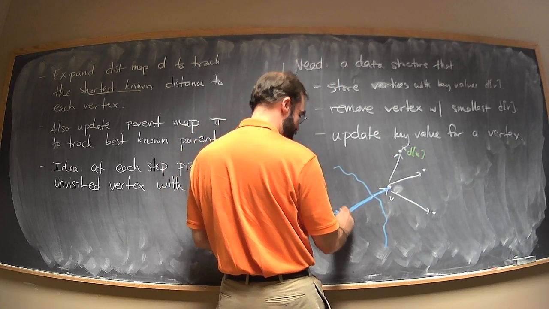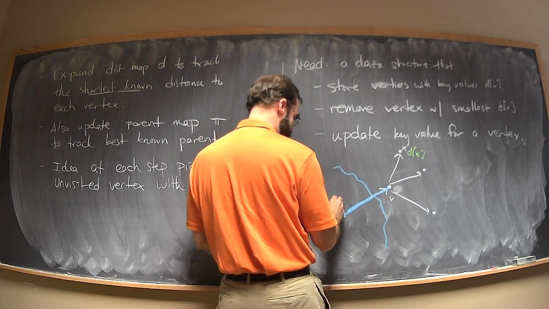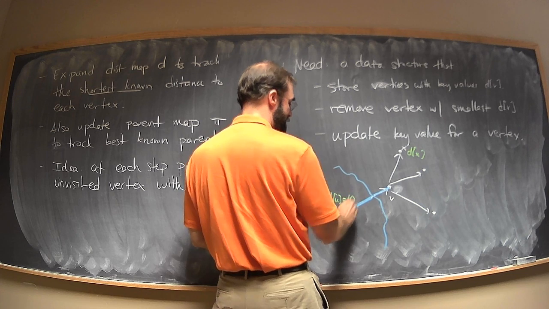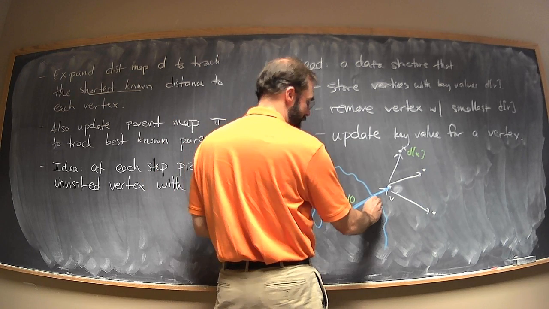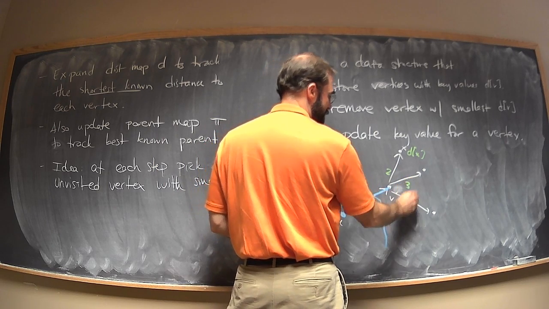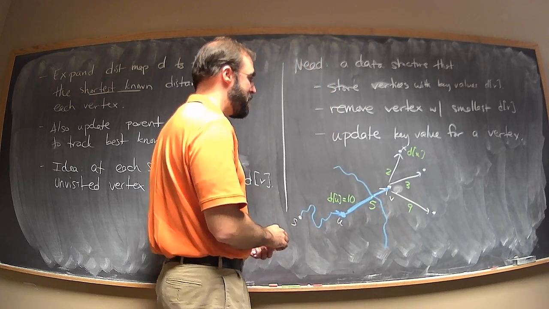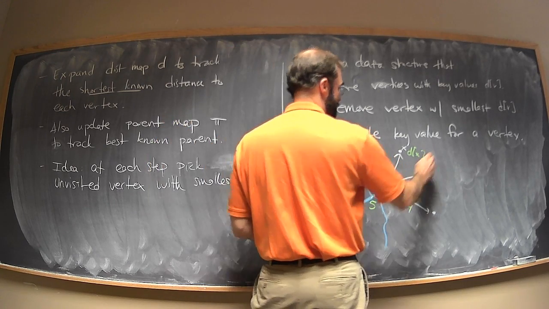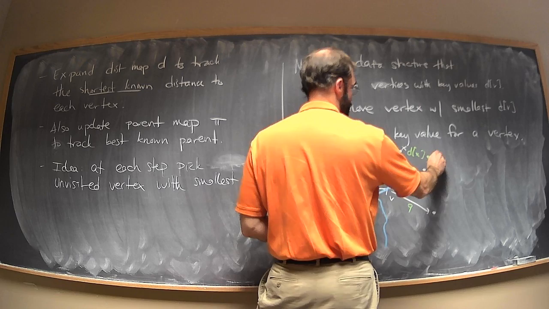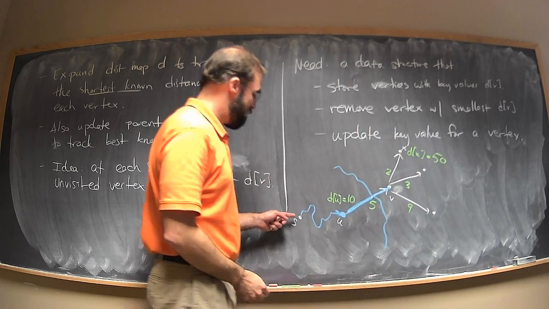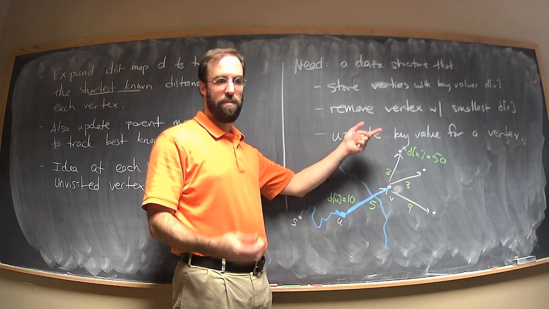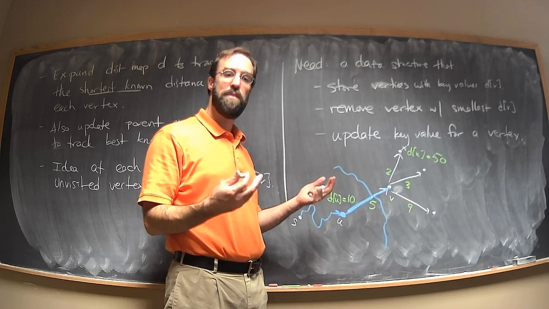Let's say d of u is 10. And then this edge has length 5, and this edge has length 2, and these others 3, 9, I don't know. And let's say that d of x was equal to, I don't know, 50, because maybe from the start vertex there was an edge of length 50 that went to x. And so we said, well, I know it's possible to get there at time 50.